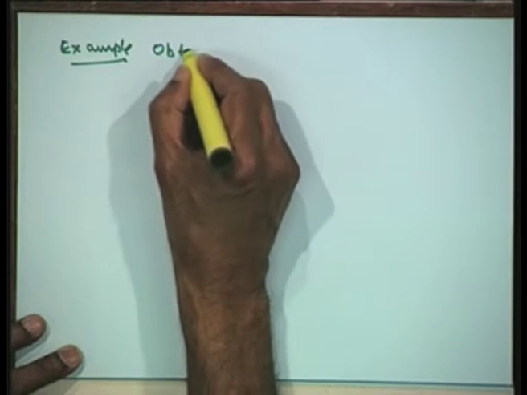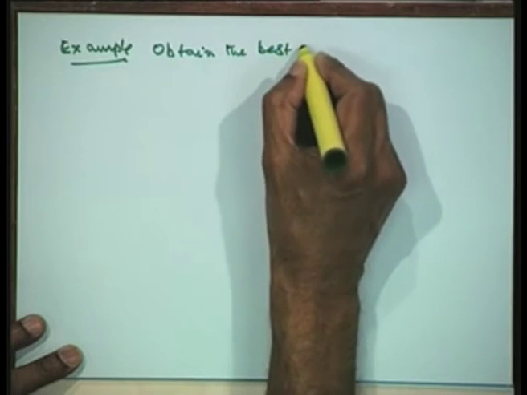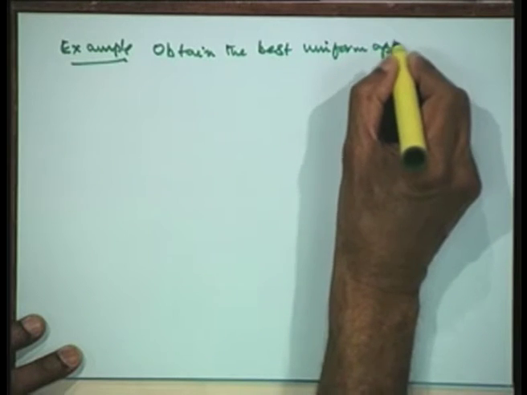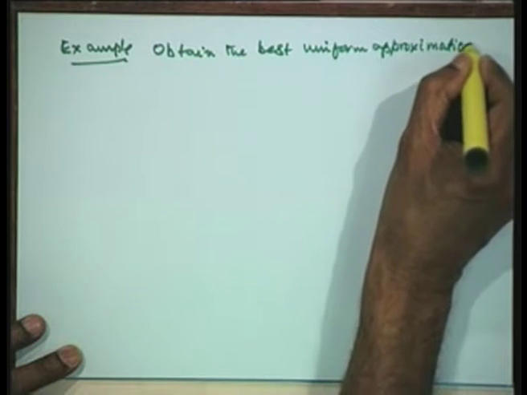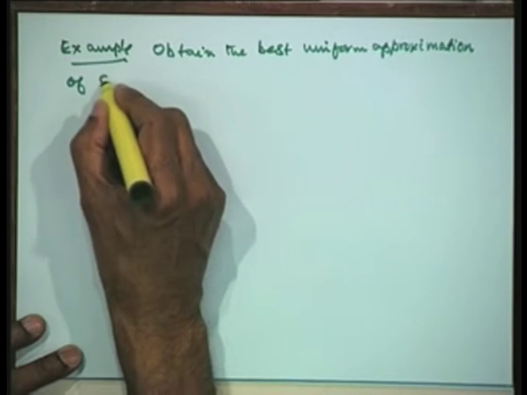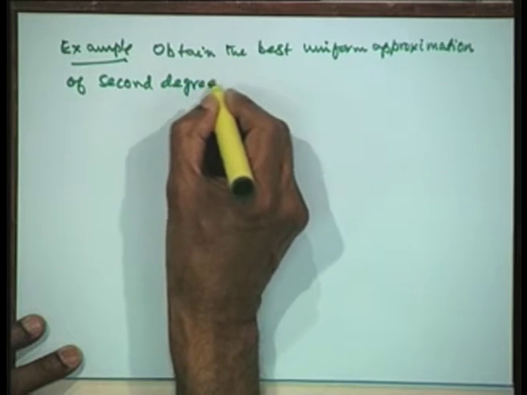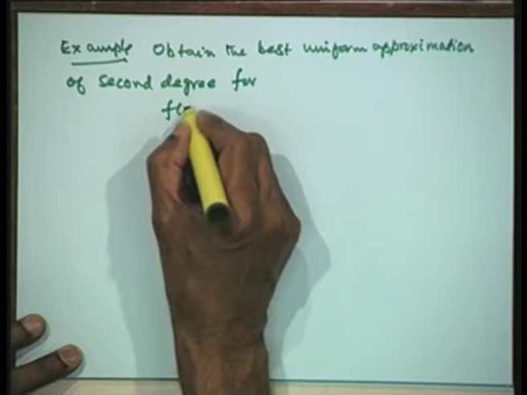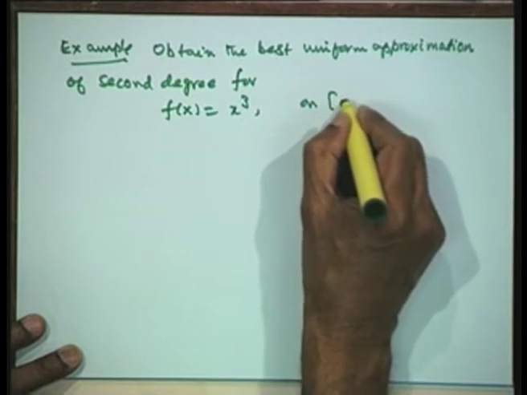Let us obtain the best uniform approximation of second degree for f x is equal to, I will take the same example, x cubed on 0 1.